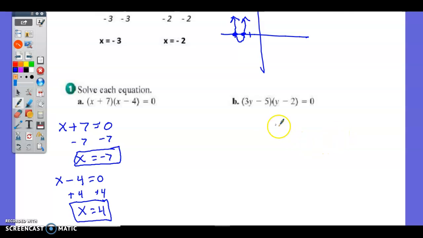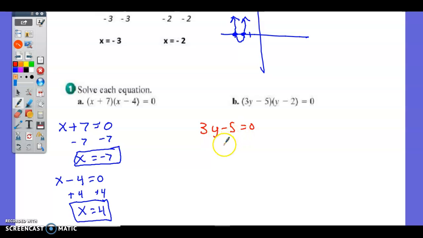Over here, again, they are already factored out for us. So we are going to set each of these equal to 0. So I'm going to set 3y minus 5 equals 0, because if this whole thing equals 0, then no matter what this is, it's being multiplied by 0, it equals 0. So I'm going to go ahead and solve that.